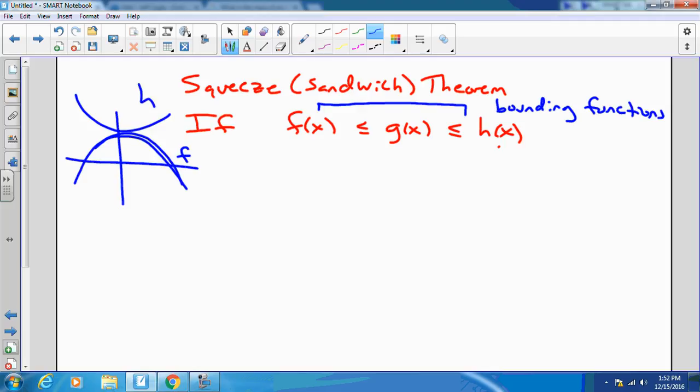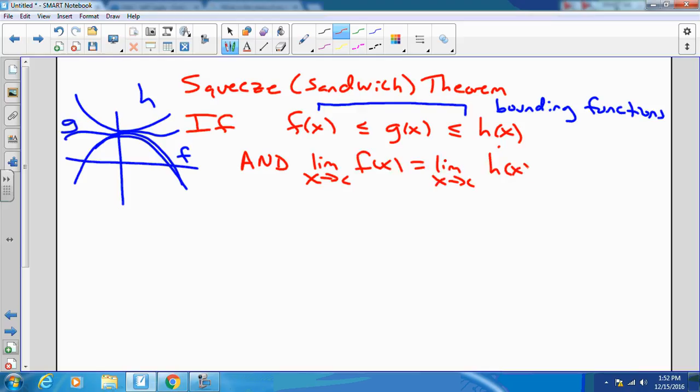And our picture here is that we have an F, an H, and a G, like so. And in particular, if these two bounding functions both go to the same limit at c, then we know also that g of x must go to that limit at c.